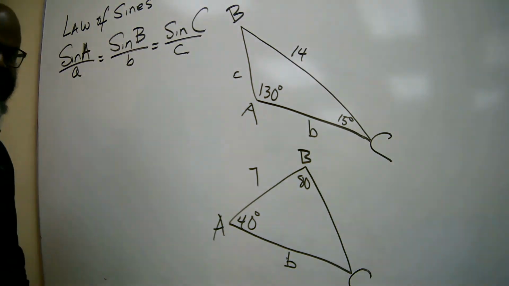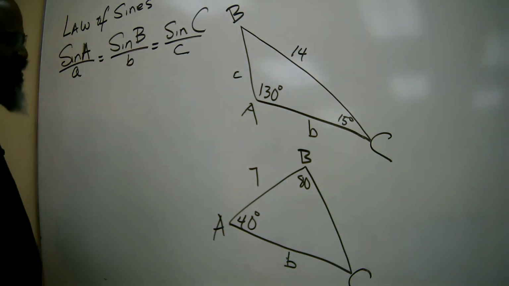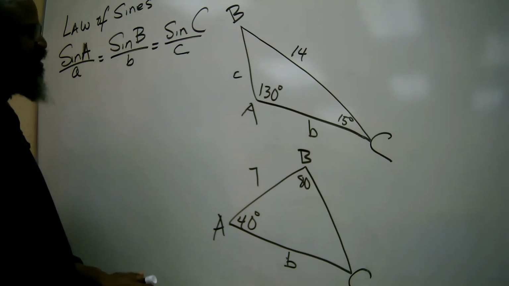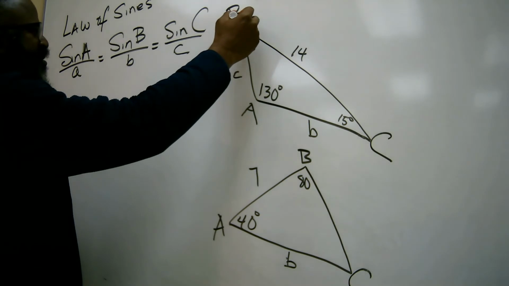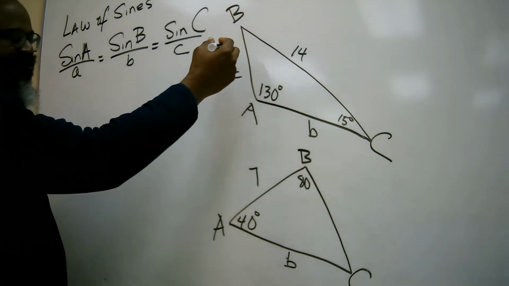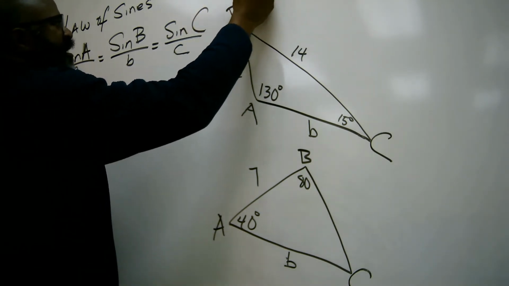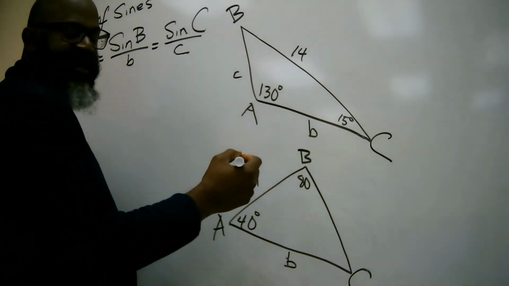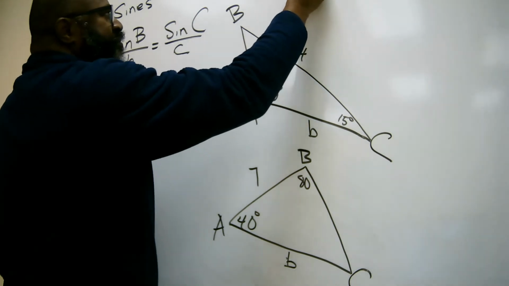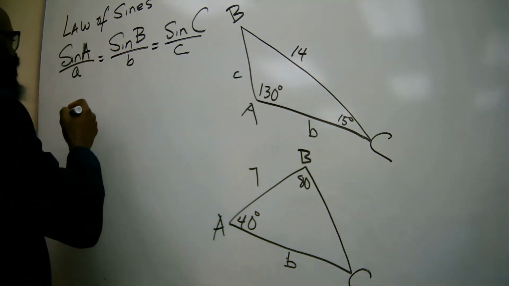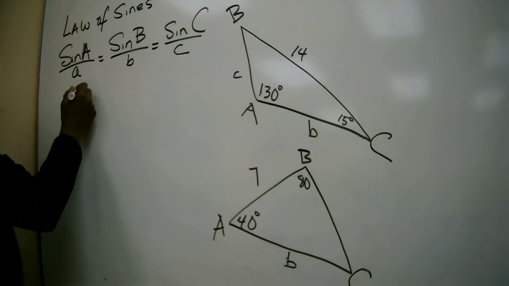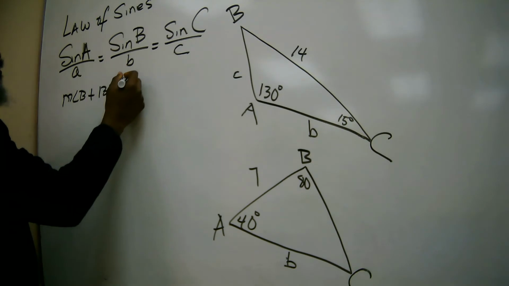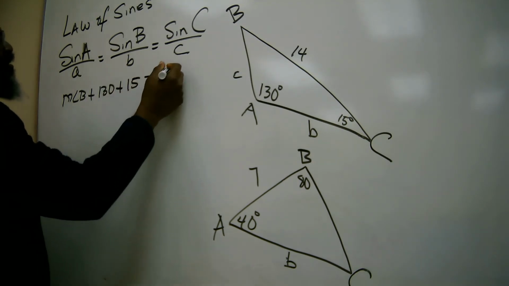Welcome back, law of sines continued. So this is the situation where we have to find the missing parts. Angle B is missing, so we're going to find angle B. In order to find angle B, measure of angle B plus 130 plus 15 is equal to 180.